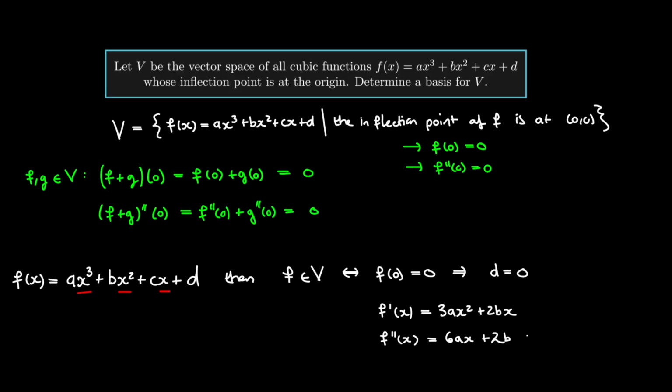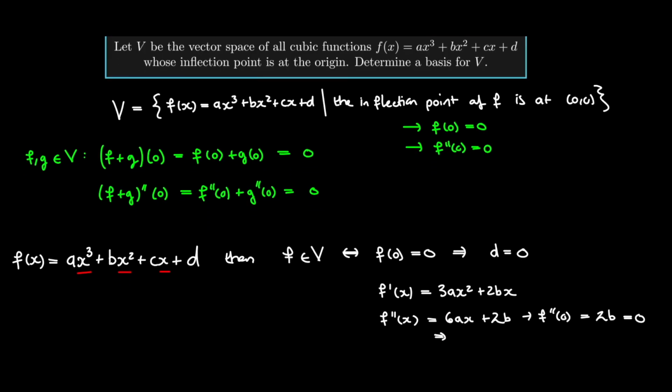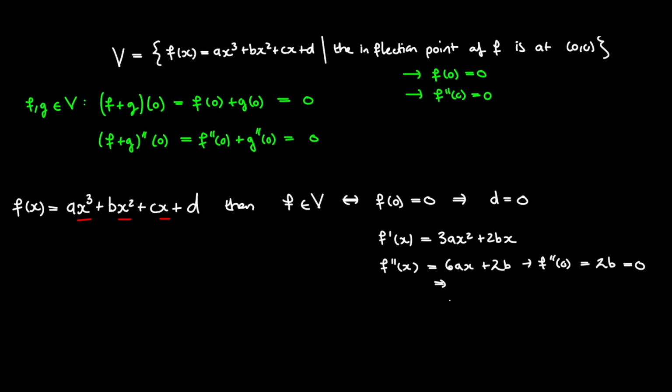And now if I plug in 0, I'm going to get just 2b. But the second derivative at 0 is 0, so this being equal to 0 tells me that, in fact, b has to be equal to 0.